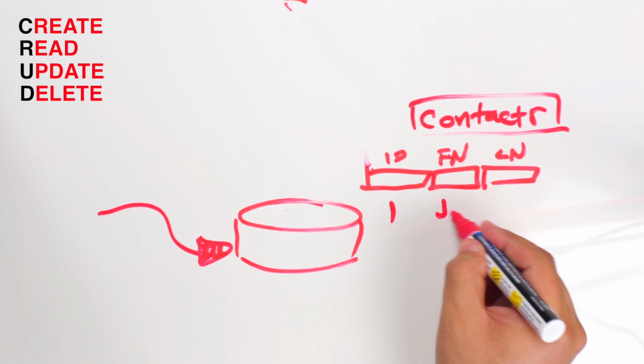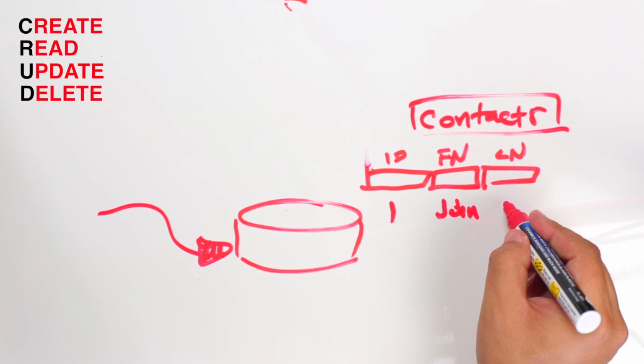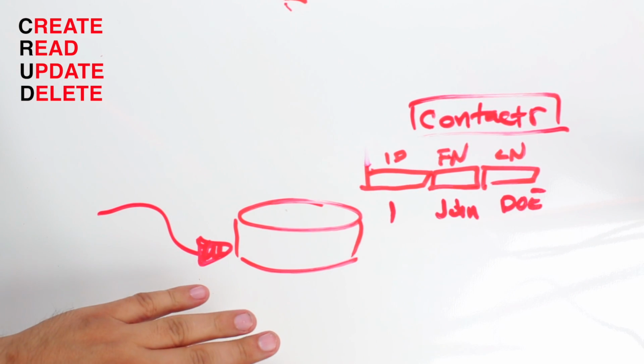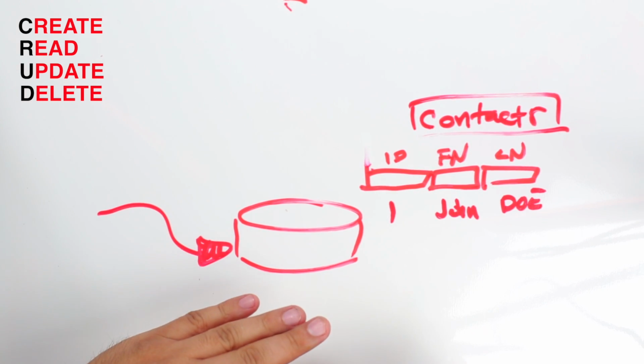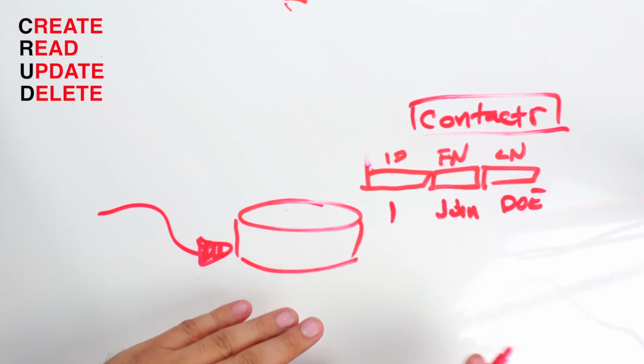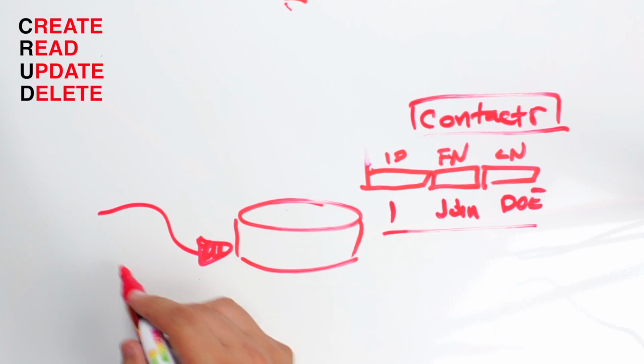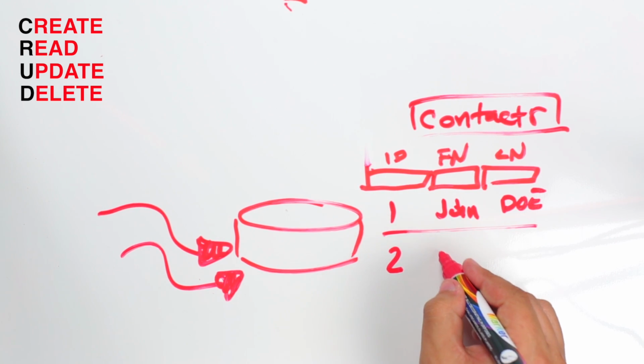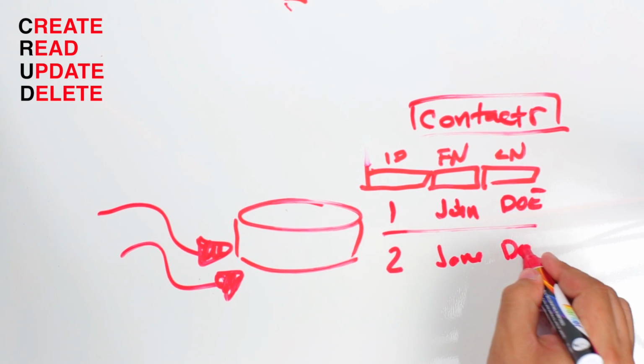The first name will say John, and the last name is Doe. So when you send the information, it populates this table, and you'll have this information here. And if you send another piece of information, now you'll have two, and you'll have Jane Doe.